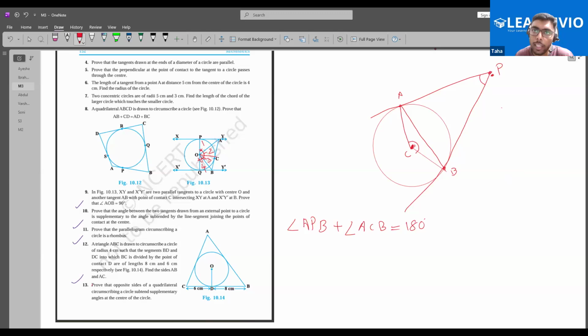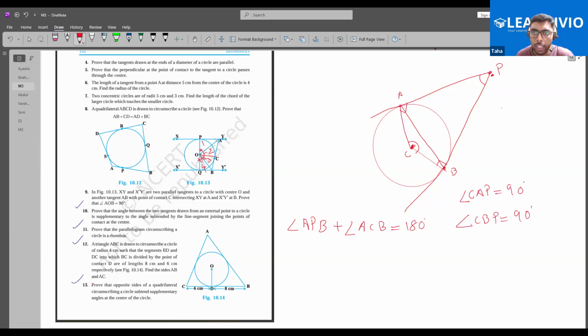So what we can see here is that these two angles are going to be 90 degrees. Basically angle CAP is equal to 90 degrees, and angle CBP is equal to 90 degrees.